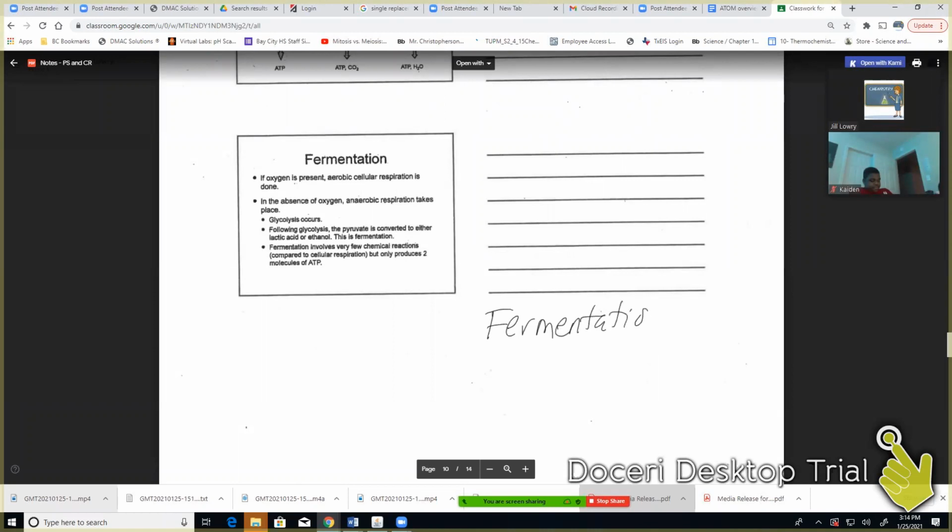We said there's 2 different types. So the first type is called lactic acid fermentation.